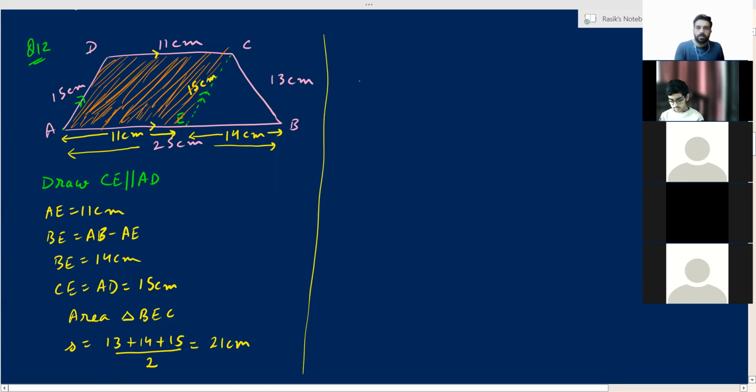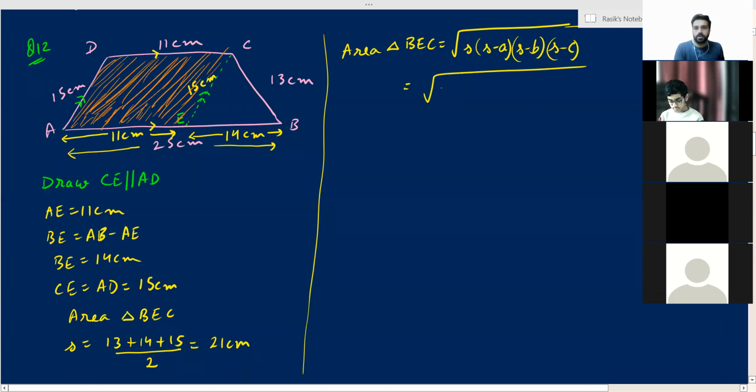Now, area of triangle BEC, write down Heron's formula: square root of S into S minus A, S minus B, S minus C. This is equal to square root of 21 into 21 minus 13 into 21 minus 14 into 21 minus 15.